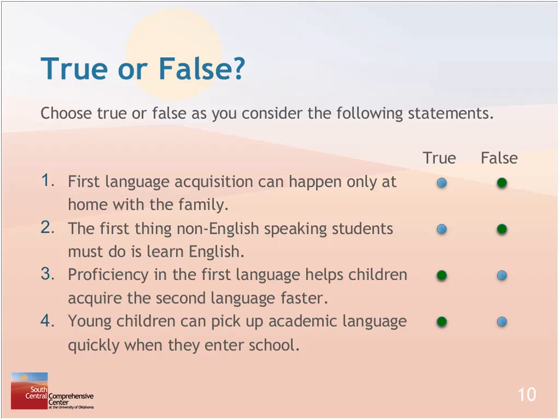And then number 4, young children can pick up academic language quickly when they enter school. That is also true. That doesn't mean that they are going to catch up with all the academic language they need, but because they are open to learning, these children, when they go into school, they catch up with the academic language really fast.